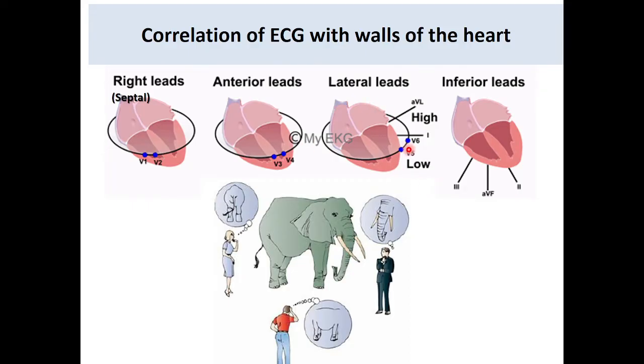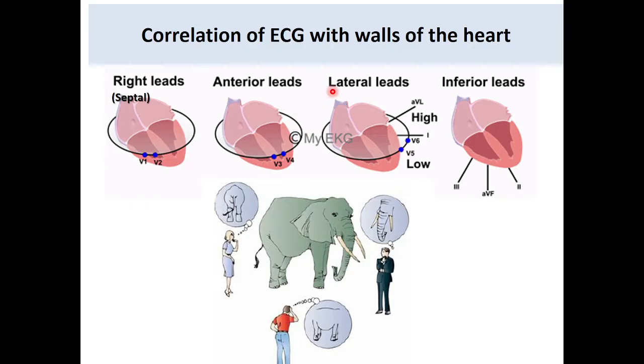What about lateral leads? Lateral leads are lead 1, AVL, V5, V6. As you can see, all these leads look at the lateral wall of the heart. That's why they are called lateral leads. So this tells you about the lateral wall of the heart.